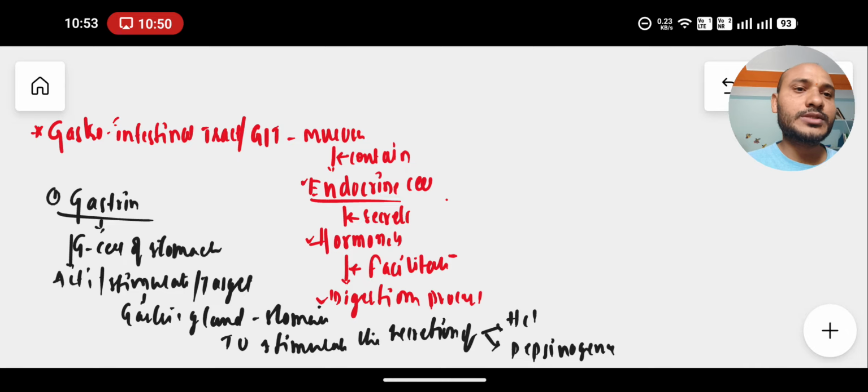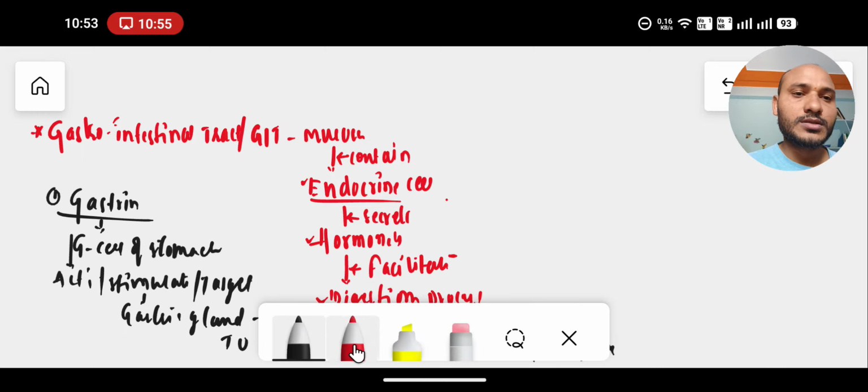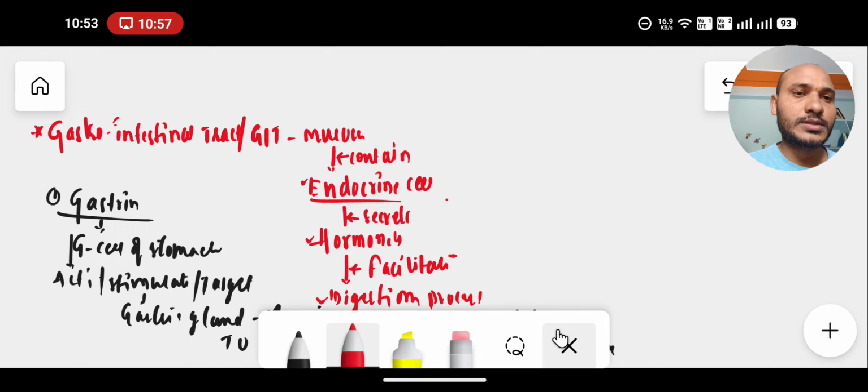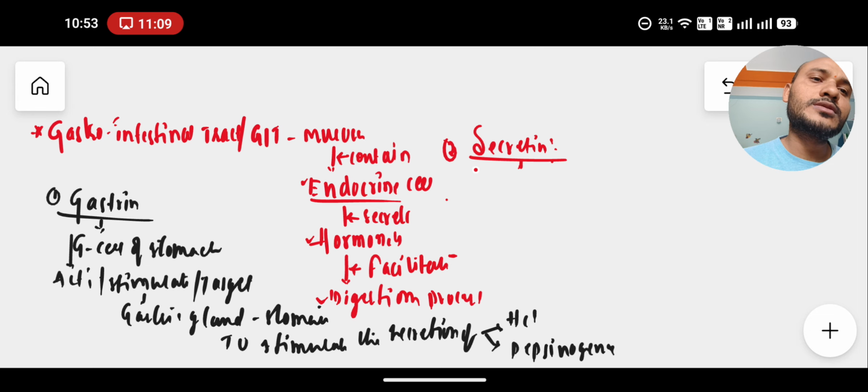Now coming to the second hormone, which is very important: secretin. Secretin is the first discovered hormone.